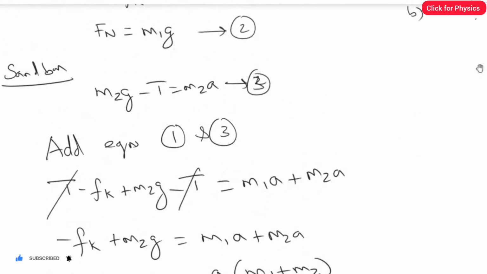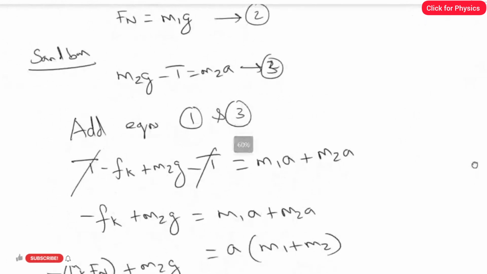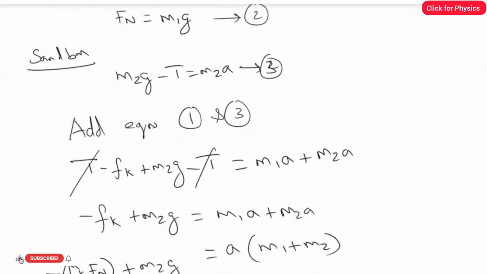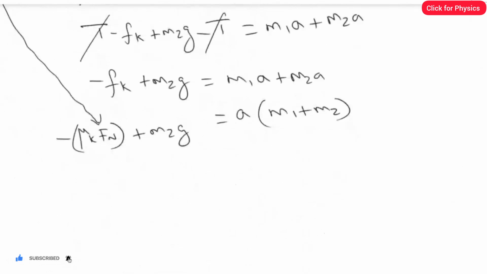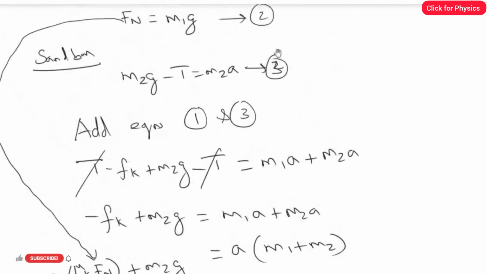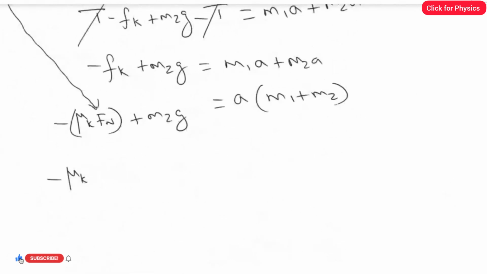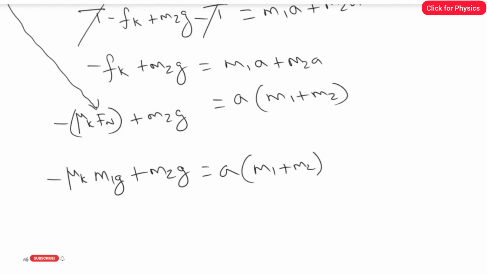If you substitute, you will get minus of mu k, and Fn takes the value of m1g, so I substitute m1g, plus m2g, which is equal to a multiplied by m1 plus m2.